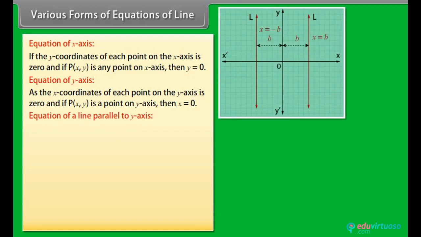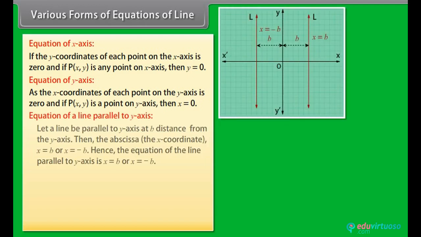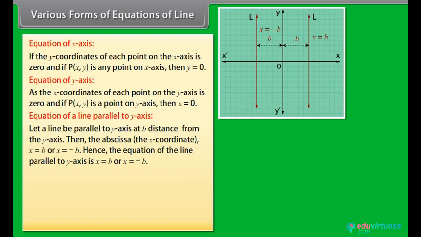Equation of a line parallel to y-axis. Let a line be parallel to the y-axis at a distance b from the y-axis. Then the abscissa, the x-coordinate, is x = b or x = −b. Hence, the equation of the line parallel to the y-axis is x = b or x = −b.